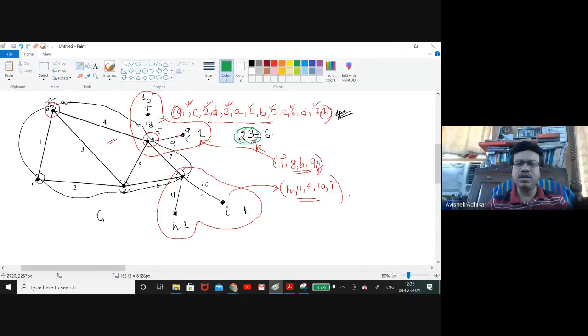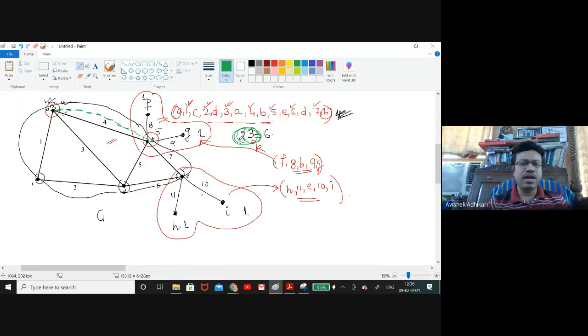That means you can pair them up. For example, I can pair these two together by drawing a newly built edge. So I am drawing a new edge here between these two odd vertices.